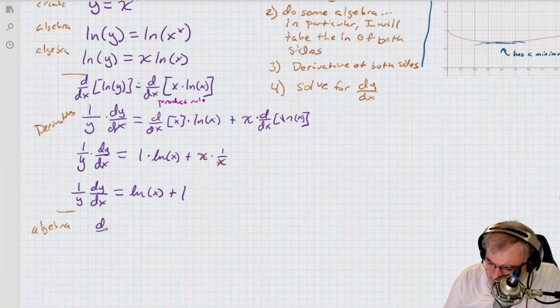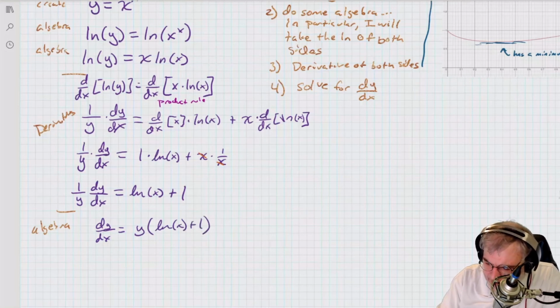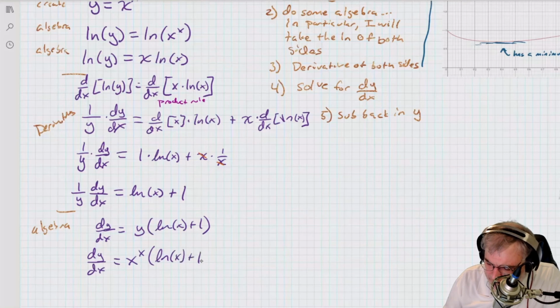And we get dy over dx equals y times the ln of x plus 1. And now I sub back in y. And I get dy over dx equals x to the x times ln of x plus 1. Okay. So how do we feel about that?